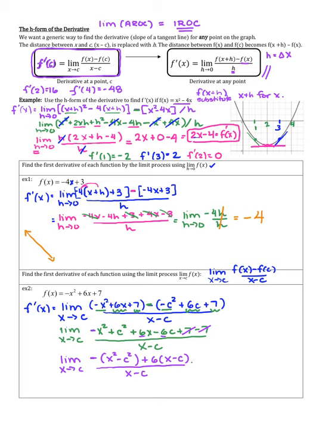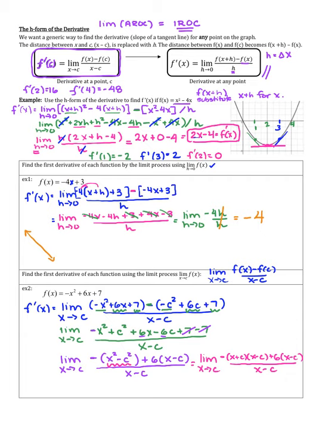So a little reminder of what we have here on top. This is a difference of squares. So I have negative x plus c, x minus c, plus 6 x minus c, all divided by x minus c.